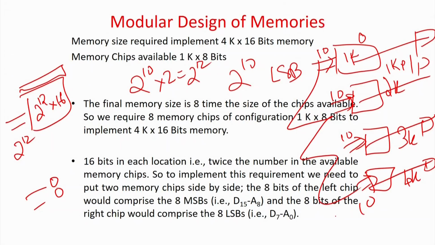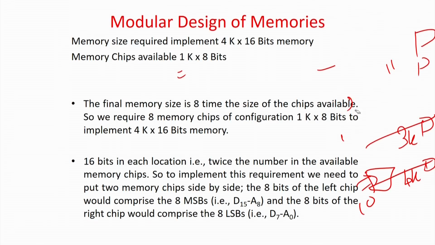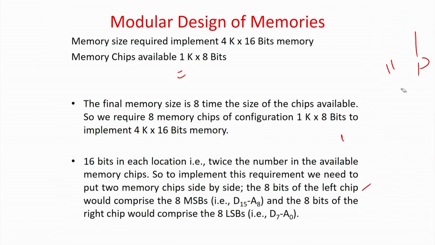As I told you, the first memory block will be accessed from all 0s, that is from 0 to 1K. The next will be from 1K plus 1 to 2K. So if the upper bits are 0, 0 and the 10 bits are all 0s, then the first memory block will be selected.